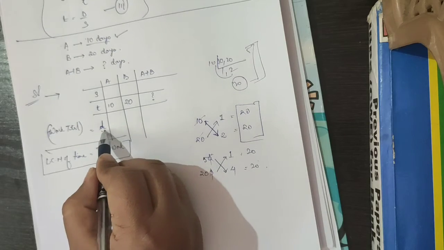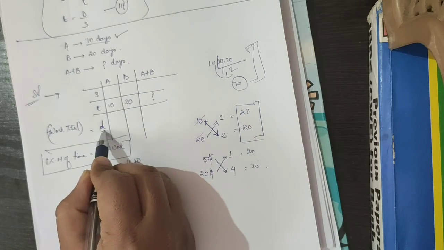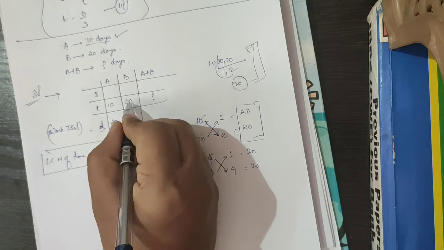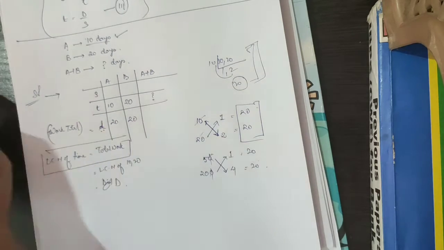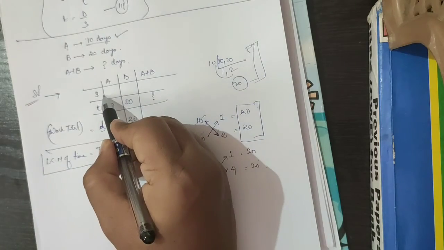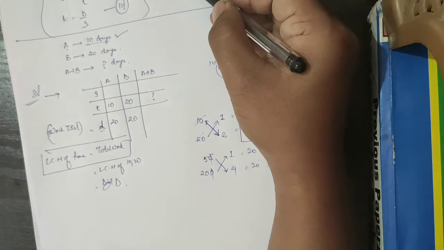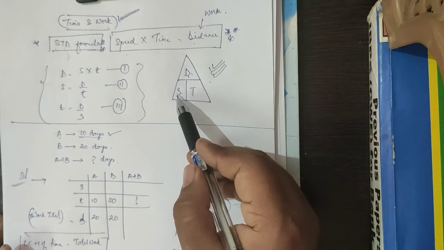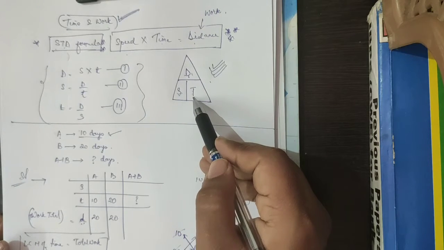So here total work should be 20, the LCM of the times 10 and 20. What is speed? I told you the formula of speed is distance by time.